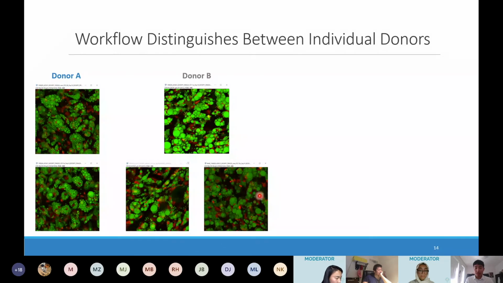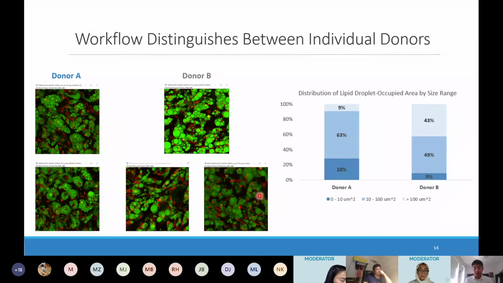And so if we actually apply our imaging workflow, we do notice that it appears that donor A has much more area occupied by its smaller lipid droplets compared to donor B, whereas donor B seems to have a lot more area occupied by its larger lipid droplets compared to donor A. And so this gives us some confidence in our imaging workflow because it may be somewhat representative of the images we would obtain upon lipid stimulation.